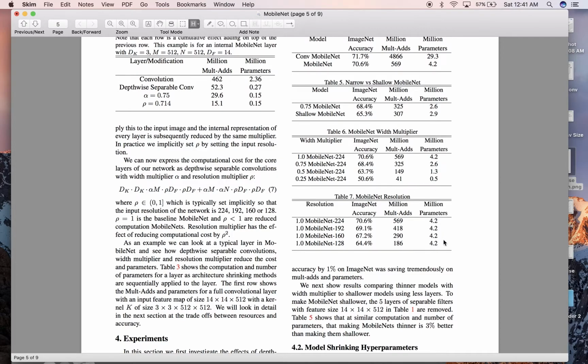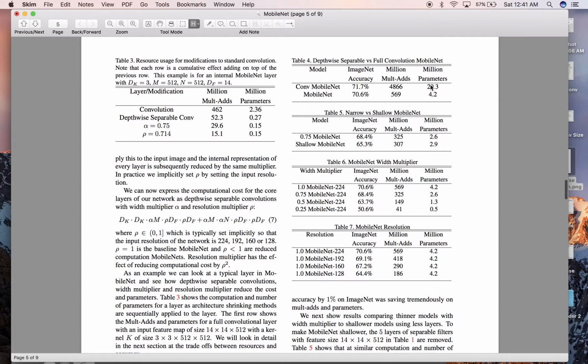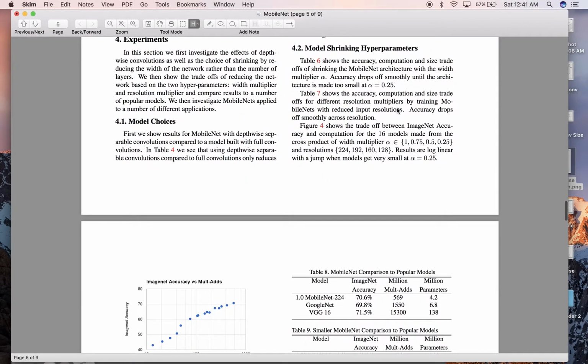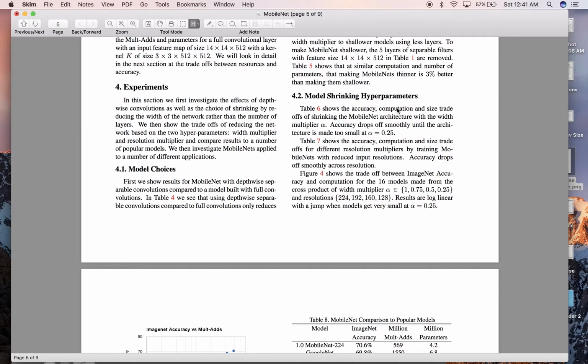So he's shown the results for that, and there's a very large reduction in parameter size and even computation numbers. So that's basically the results part.